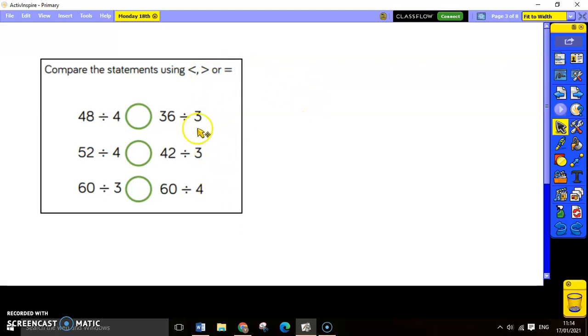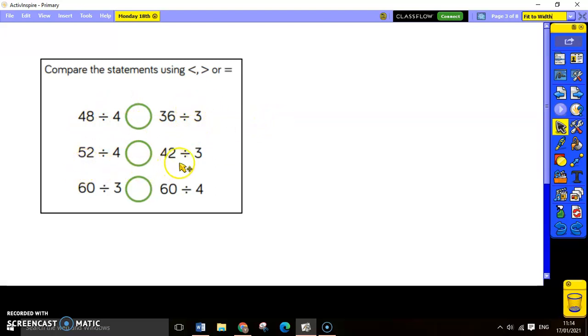And you can see here that you've got 3 different division calculations, and it's asking you to complete the statements using these symbols. Now, can we do it without any working out? Well, the first one we might be able to if you know your 4 times table and your 3 times table.